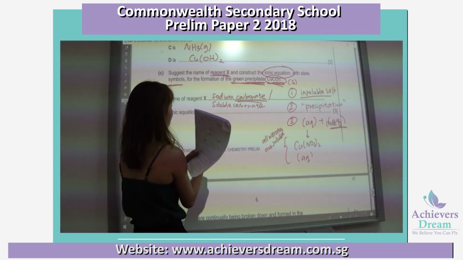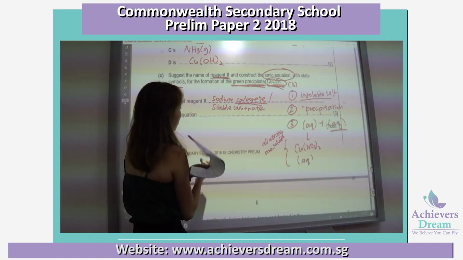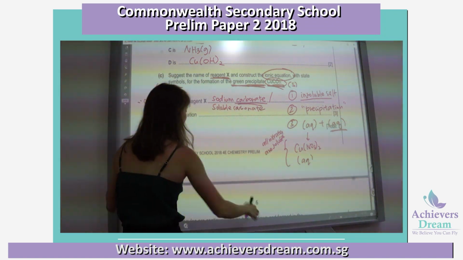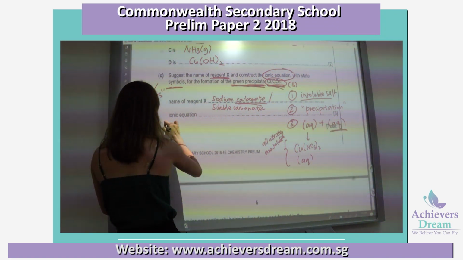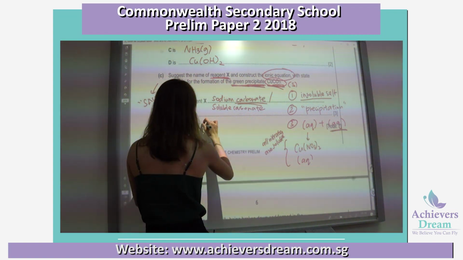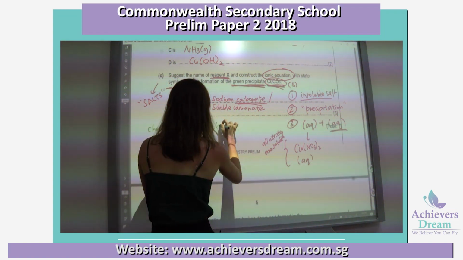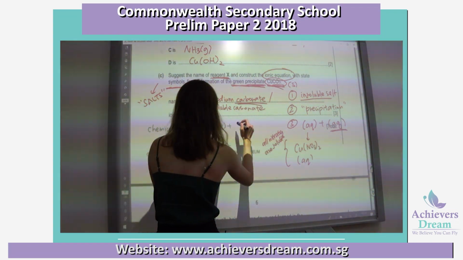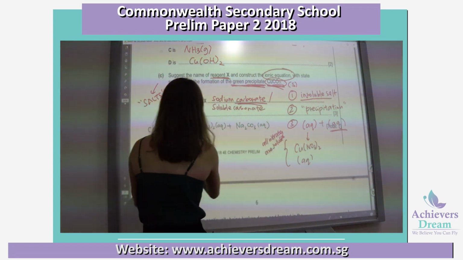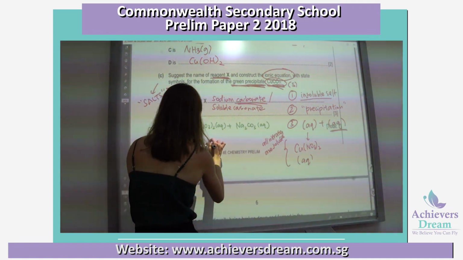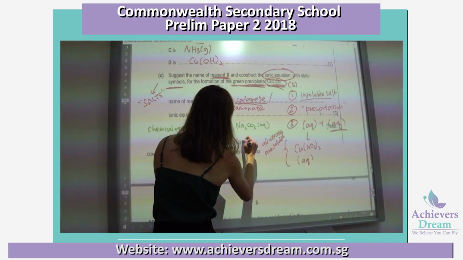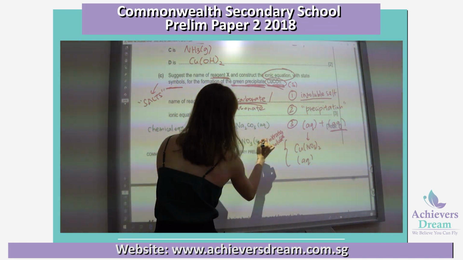Let me write the chemical equation first. Cu(NO3)2 plus sodium carbonate will give me copper 2 carbonate, which is in a solid state, plus 2NaNO3.